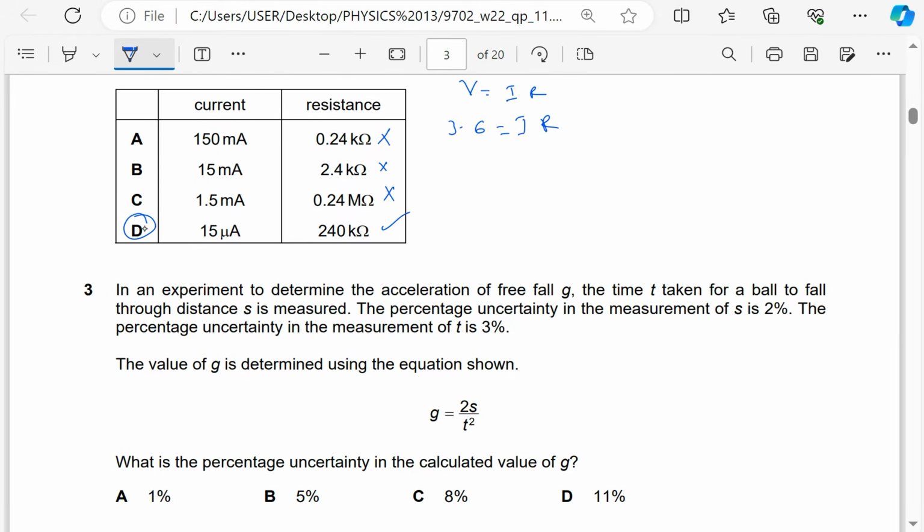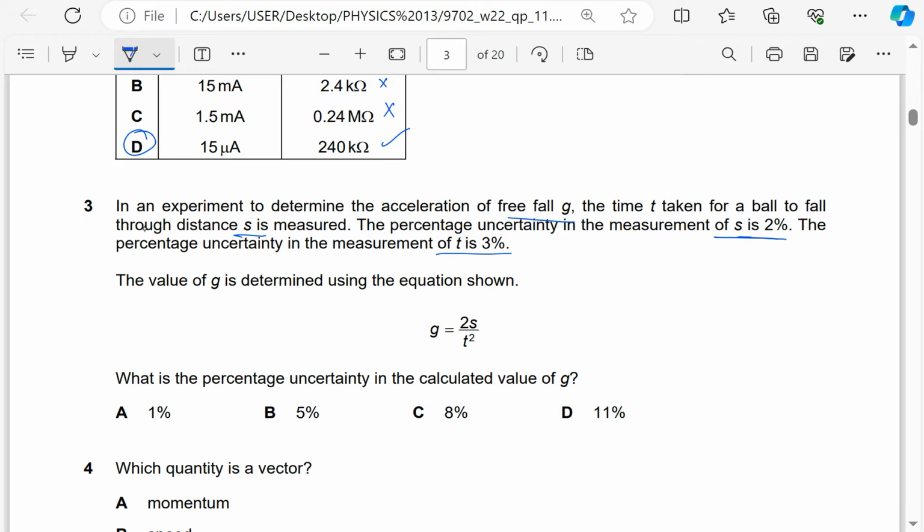In an experiment to determine the acceleration of free fall g, the time t taken for the ball to fall through distance s is measured. The percentage uncertainty in the measurement of s is 2%. The percentage uncertainty in the measurement of t is 3%. The value of g is determined using that equation. What is the percentage uncertainty in the calculated value of g?